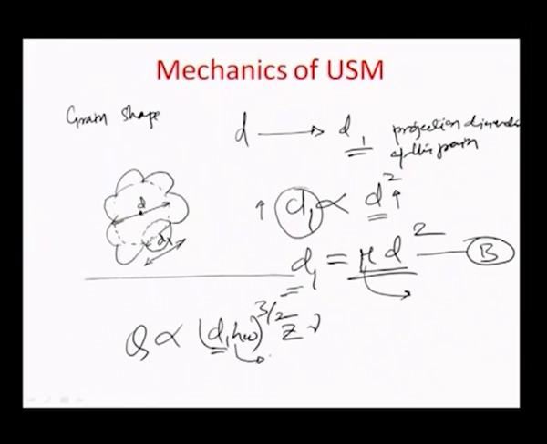Remember, this is the volume of material removal, and this d1 hw to the power of 3 by 2 is now indicative of the new projection grain diameter, which is the diameter causing the indent or the impact on the surface, times the depth of indentation hw, which remains almost the same, to the power of 3 by 2.